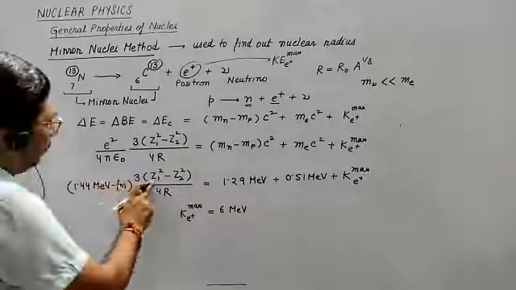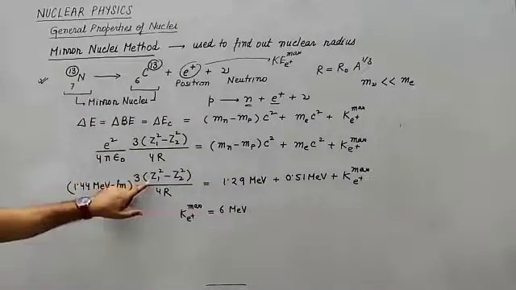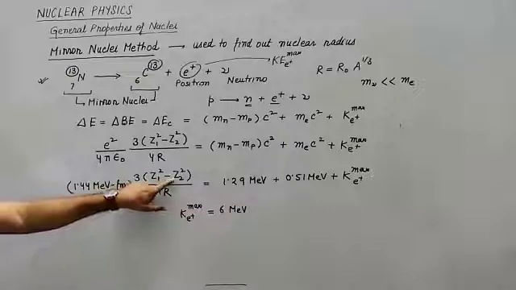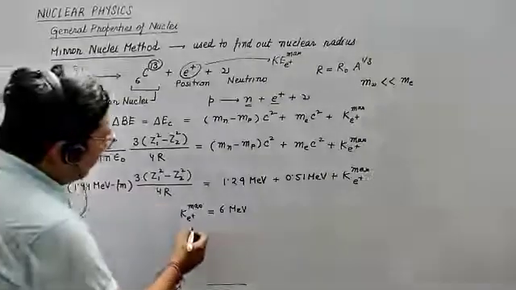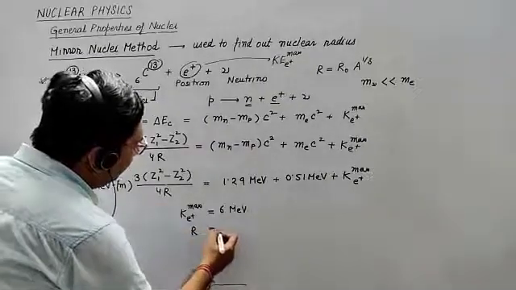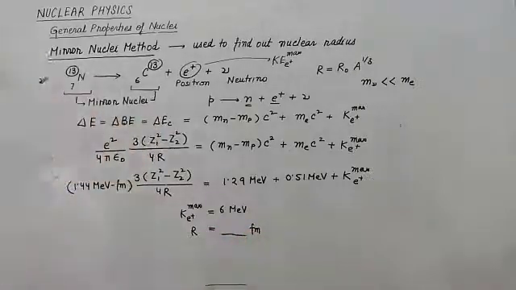And suppose they provide me Z1 and Z2, so this will be 7 square minus 6 square. And you can find the value of R, and whatever R value comes will be in terms of Fermi. So in this way you can solve this type of numerical.